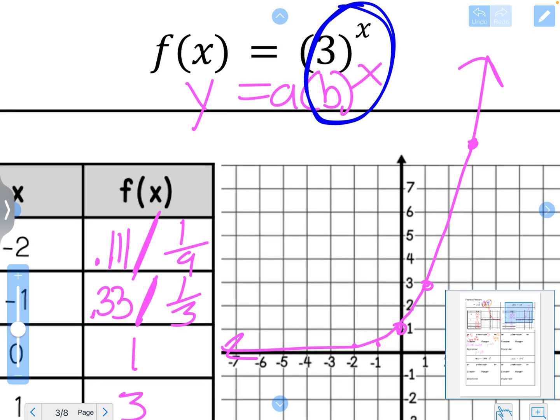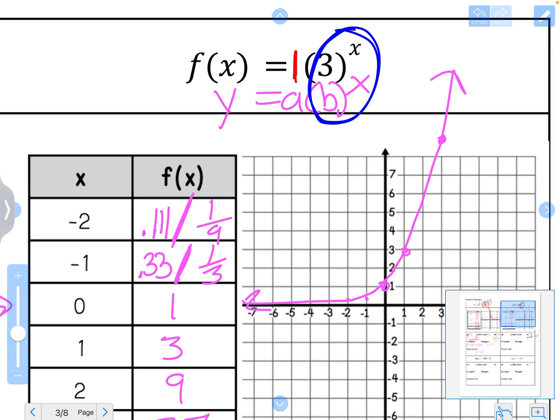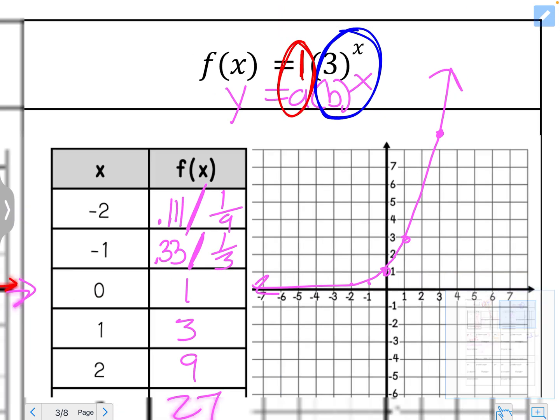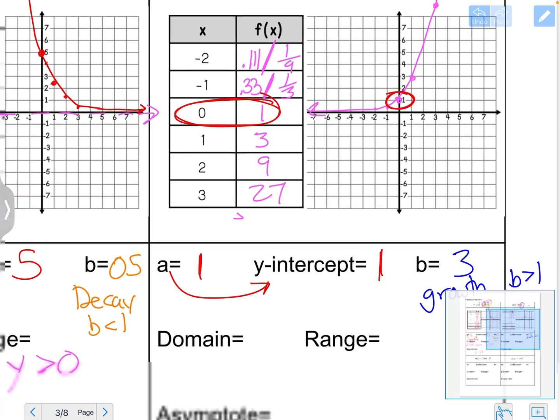But we know anytime there's something, a parentheses or a letter, we always have our invisible 1 in front. And so our a value is that invisible 1, which is the same thing as our y-intercept. And if we look at our graph, yep, our y-intercept is 1. And if we look at our table, our y-intercept is 1.